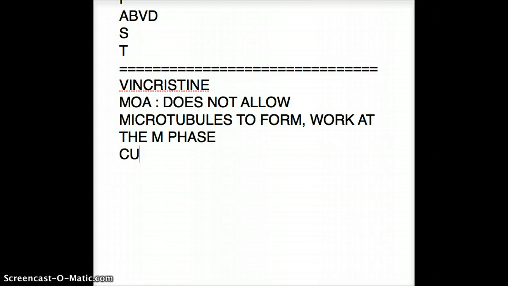What about the clinical use of Vincristine? There is a mnemonic that I often use for this one too, and that one is CHOW.